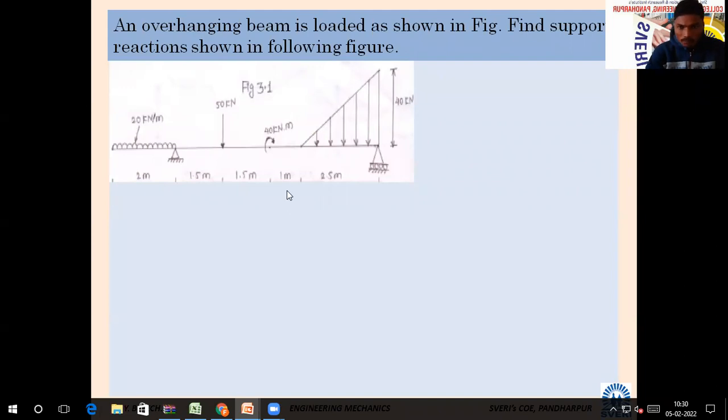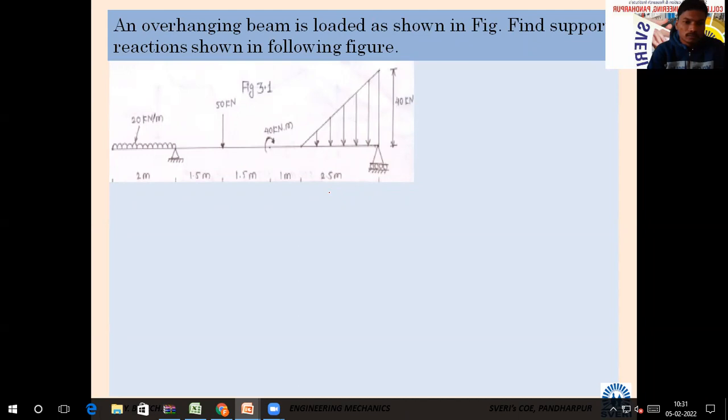An overhanging beam. Which is the type of beam? The first word itself says an overhanging beam. Why are we going to call this an overhanging beam? Is it supported at only one end? See the diagram carefully.